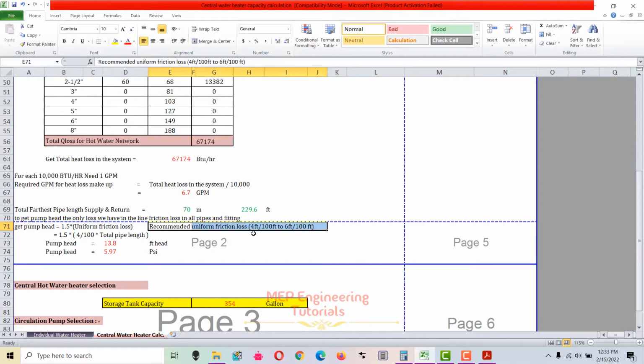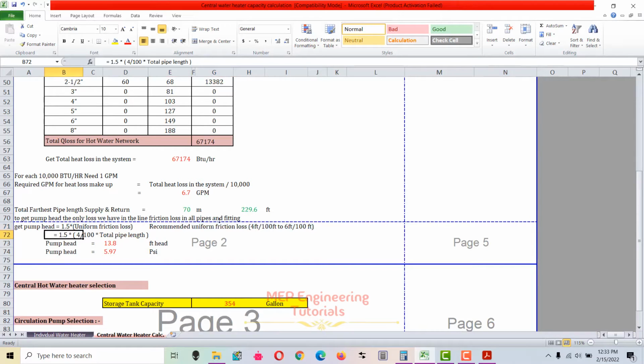It is recommended to use 4 foot per 100 foot to 6 foot per 100 foot uniform friction head loss. If you have seen my previous videos, I have used 4 foot per 100 foot uniform friction head loss. The same I have used in here. And why do I multiply by 1.5 to compute the losses for the straight pipe length and fittings?